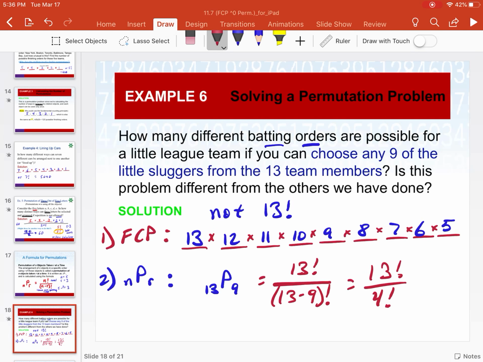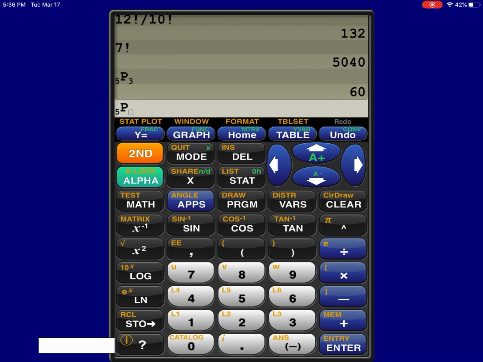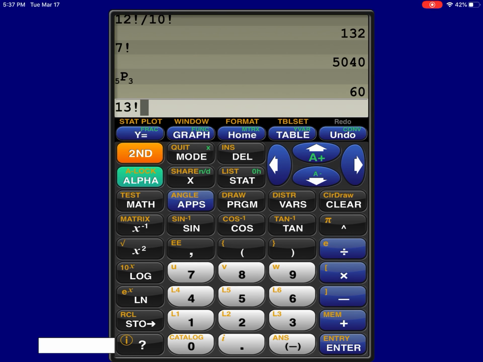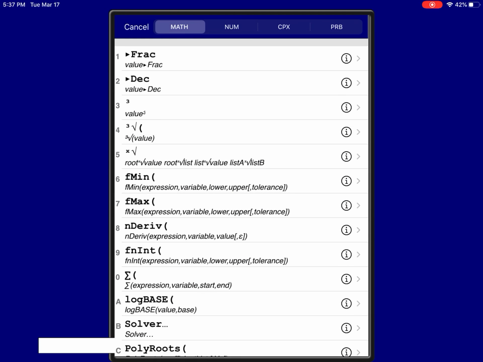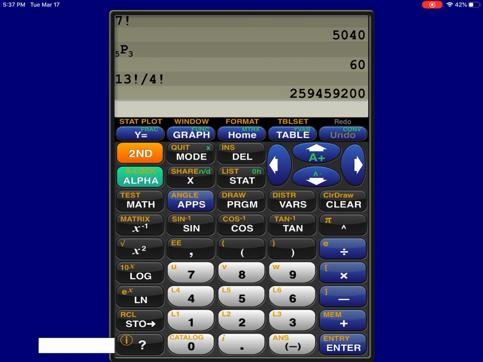So go ahead, pause the video, grab your calculator, and try this both ways and compare your answers and come right back. Okay, so I'm going to go to the calculator and let's see. 13 math PRB factorial divided by 4 math PRB factorial.